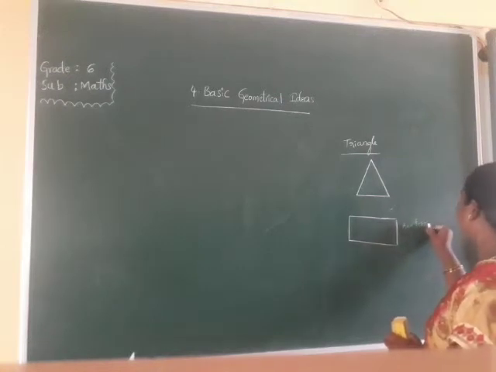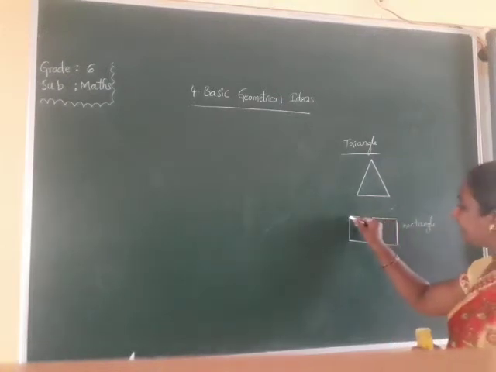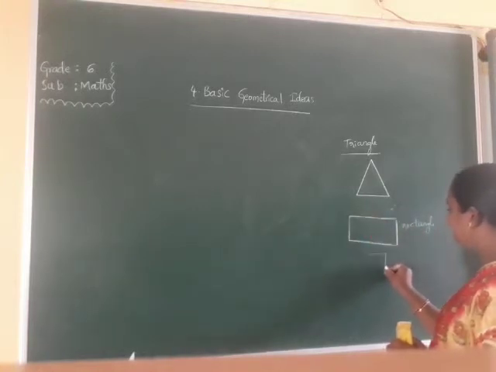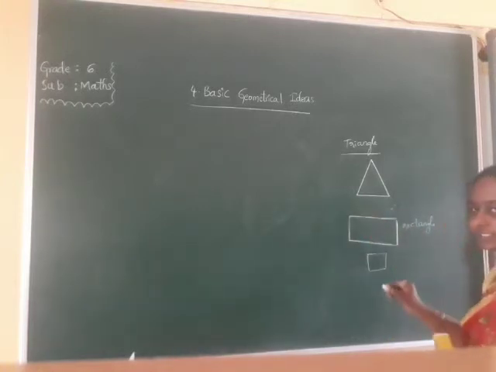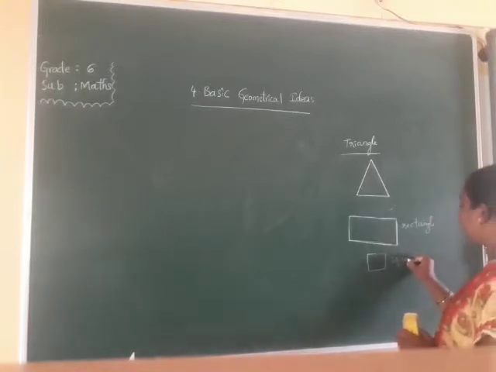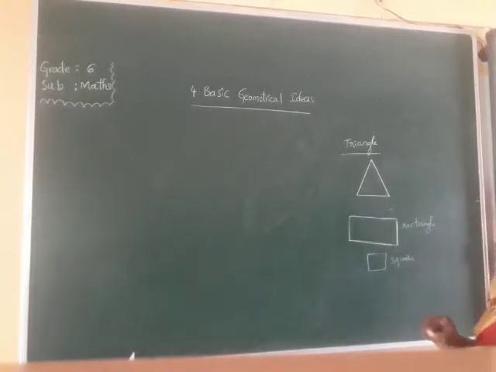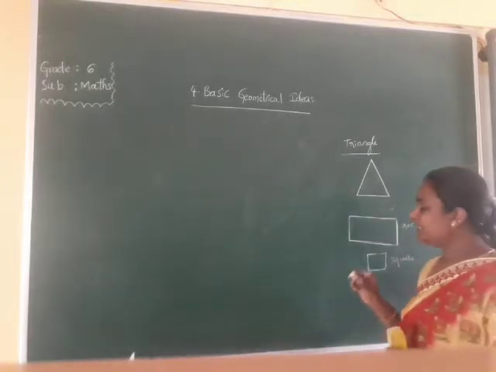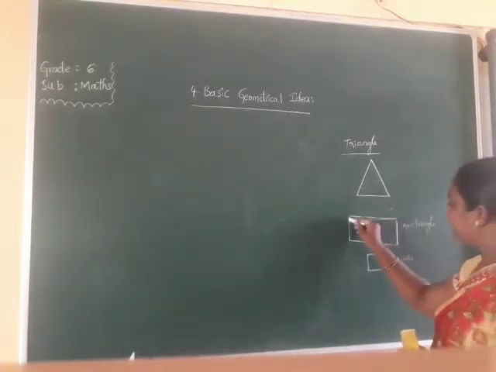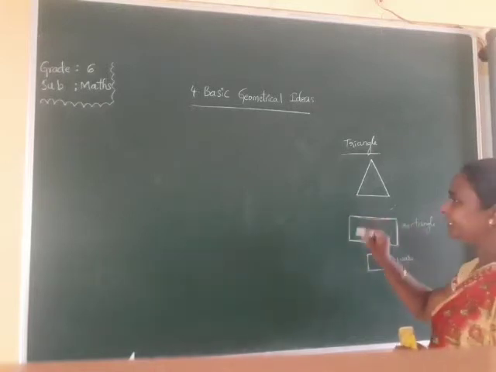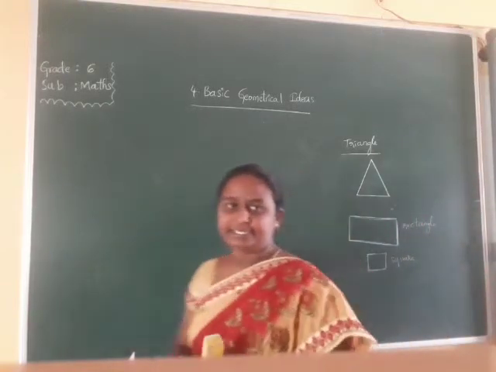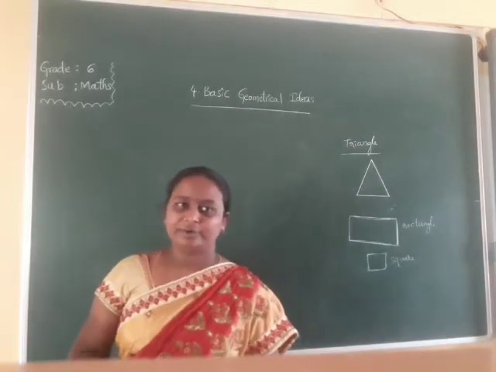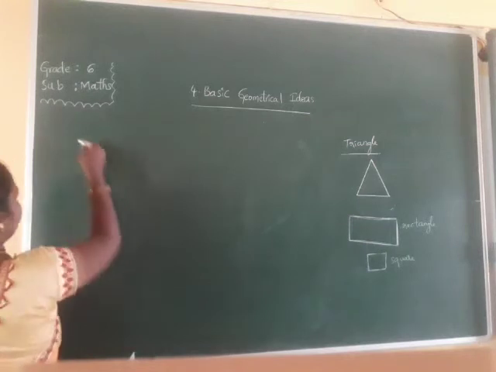A rectangle has how many sides? Four sides. And what is this? It is a square. A square also has four sides. So if any figure contains four sides, we can call it a quadrilateral. Today we are going to learn about quadrilaterals.